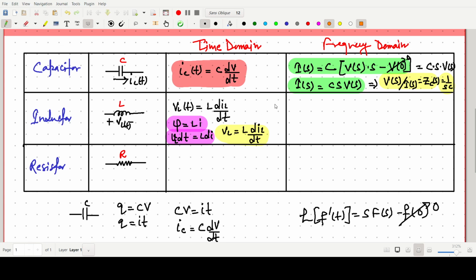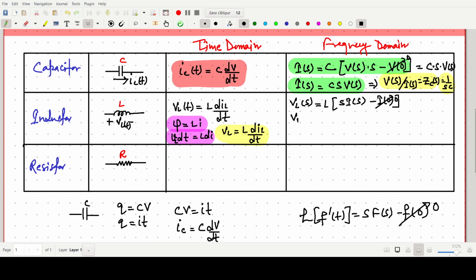Now again we have to go for the frequency domain. This one is the differentiation part, so we go for the Laplace transform. V_L(s), then L as it is times sI(s) minus I(0), by keeping initial condition 0 in this case.